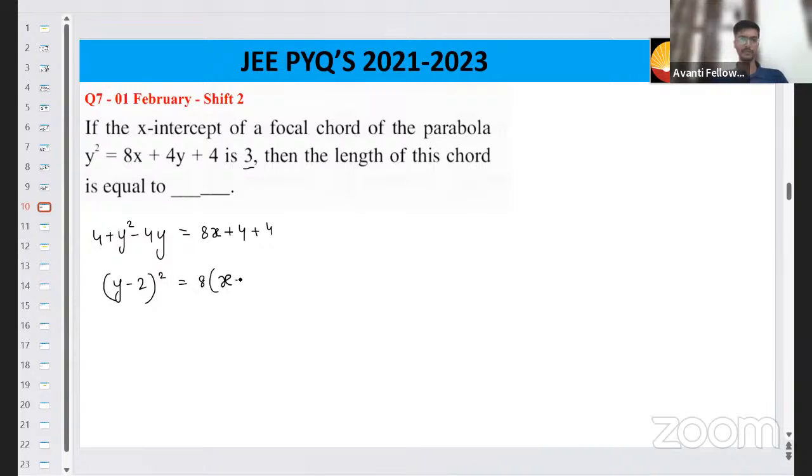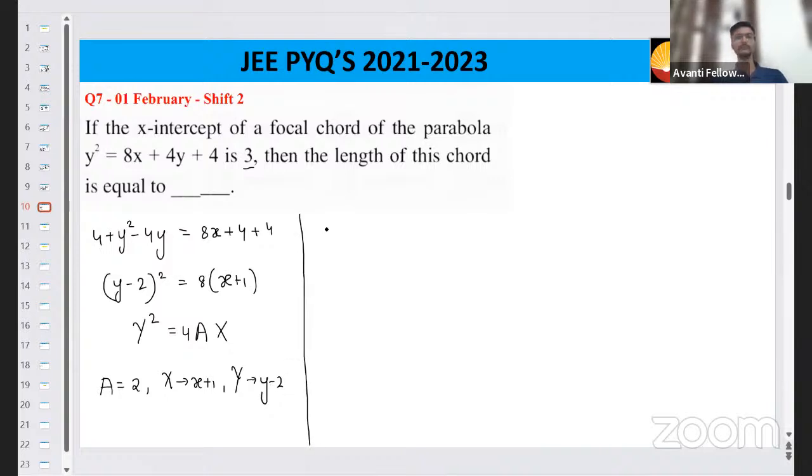We can take common x plus 1. This means Y square equals 4aX. So a is 2. Instead of X we have x plus 1, capital X. Instead of capital Y we have y minus 2. Okay. Now, x-intercept of the focal chord is 3. So what is the focus, guys?